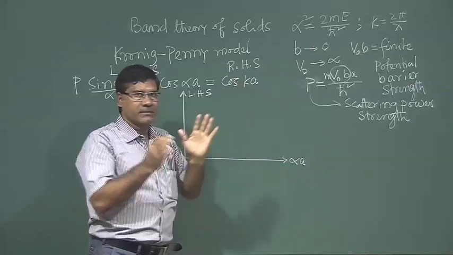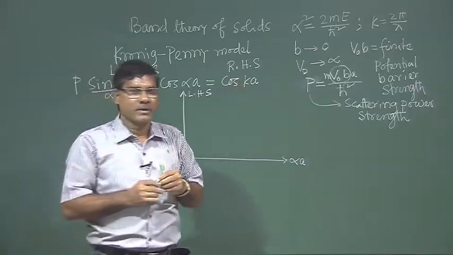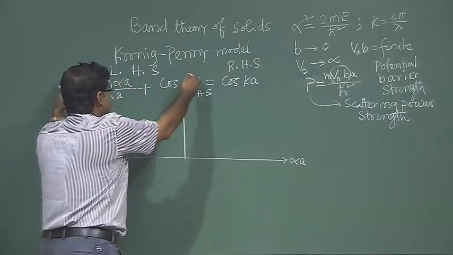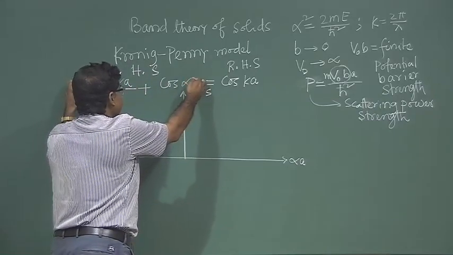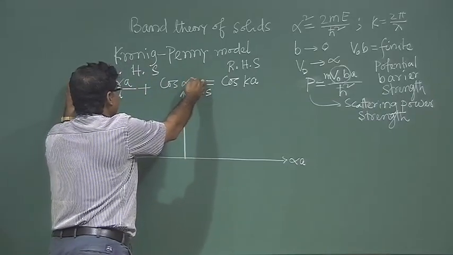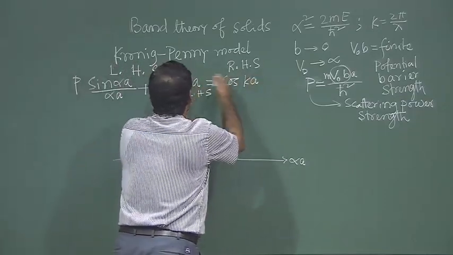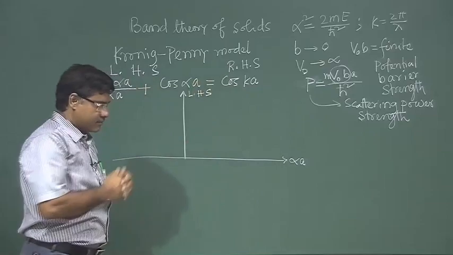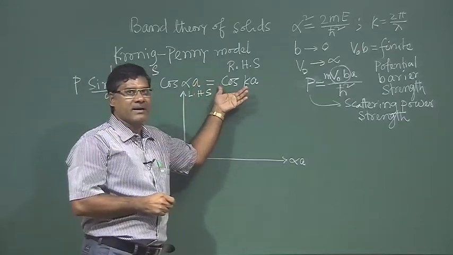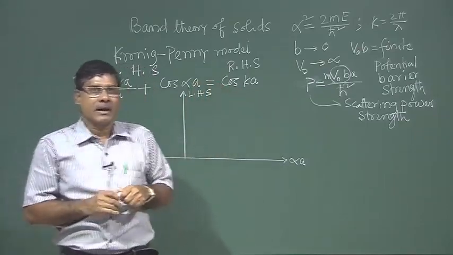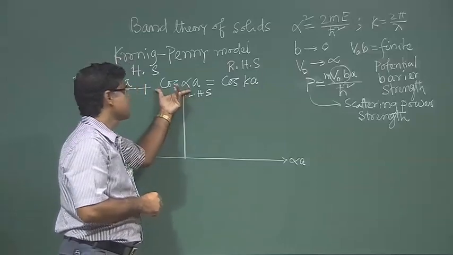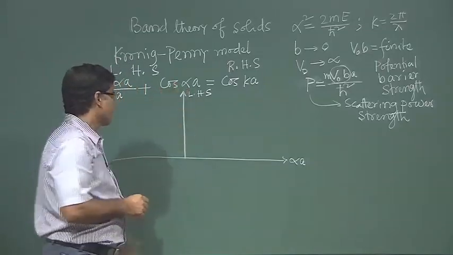So, whatever value we get for the left hand side cannot exceed plus minus 1. If it exceeds, it will not be an allowed solution for this equation.